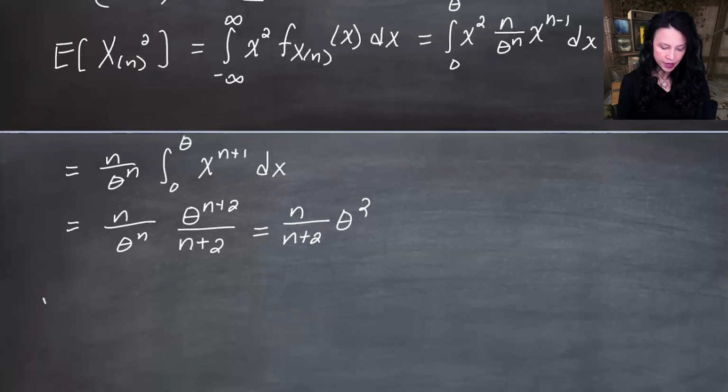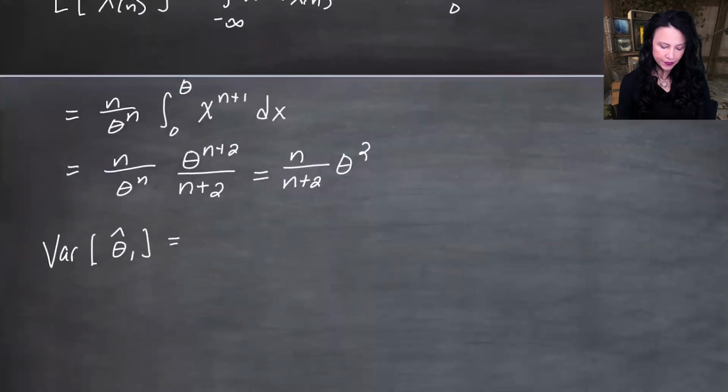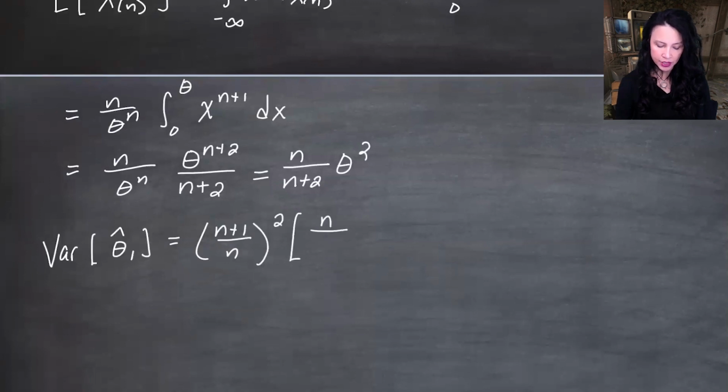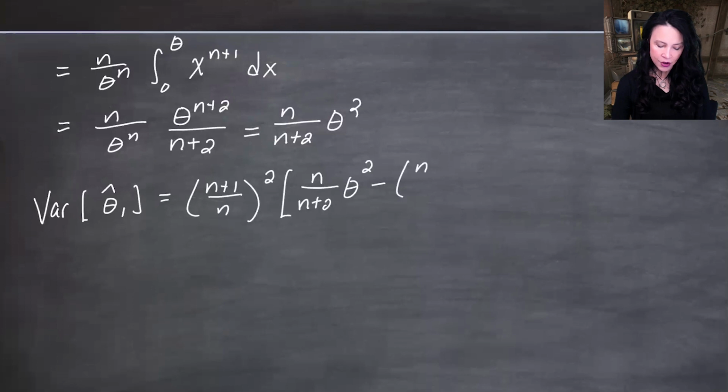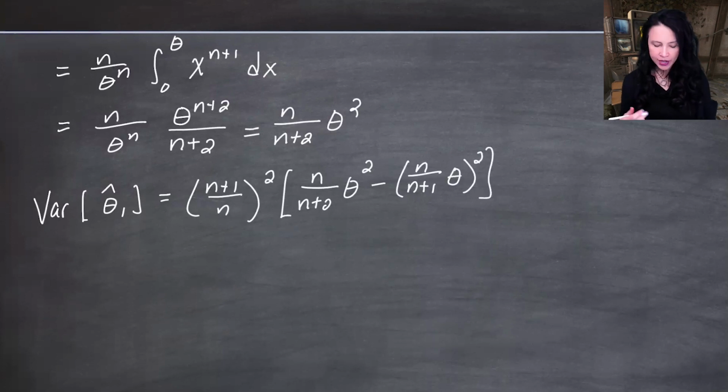And so recapping, the variance of theta 1 hat is n plus 1 over n squared times this thing we just computed, minus n over n plus 1 theta all squared, which is n over n plus 1 squared, theta squared.